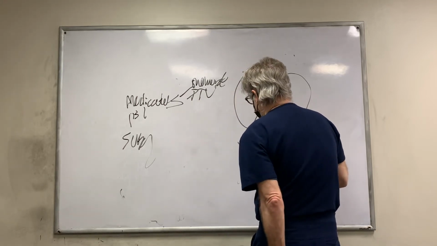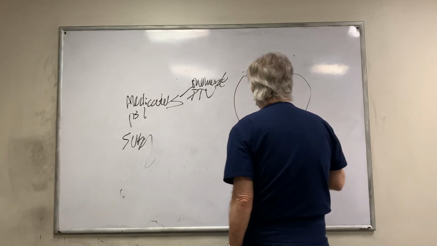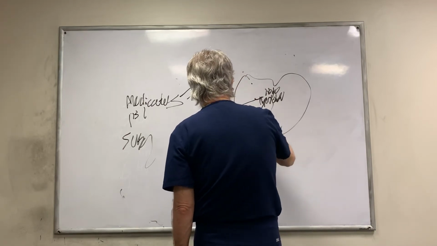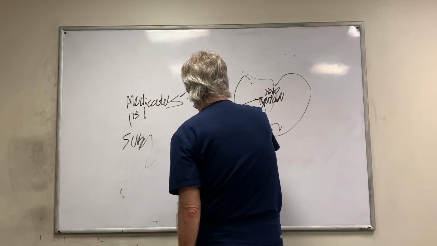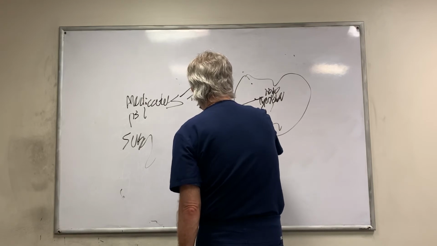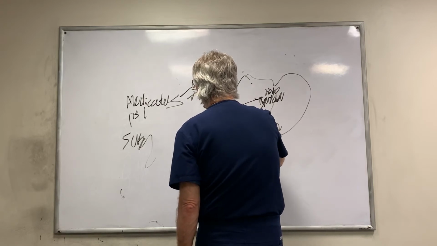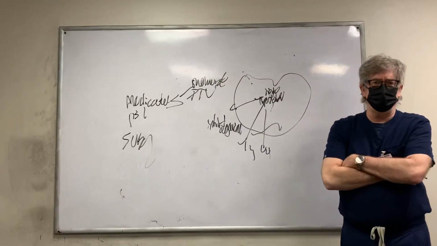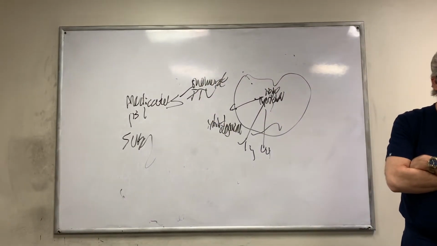The thioureas are going to inhibit your organification. They inhibit the enzyme thyroid peroxidase and prevent iodine from binding to thyroglobulin residues and producing thyroid hormones.